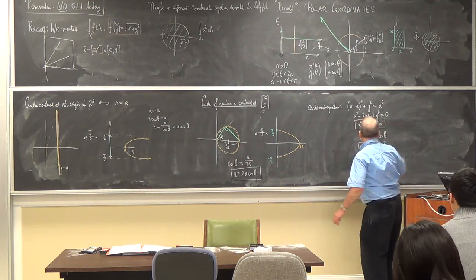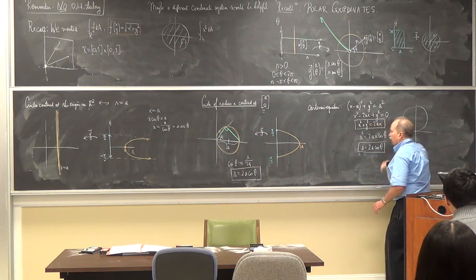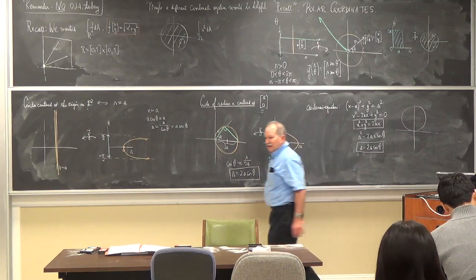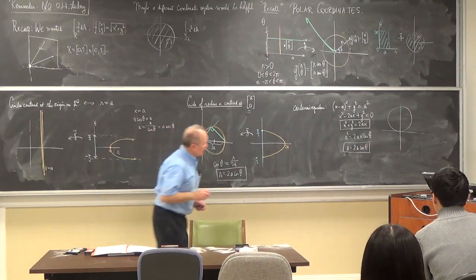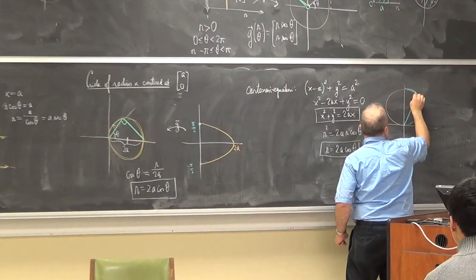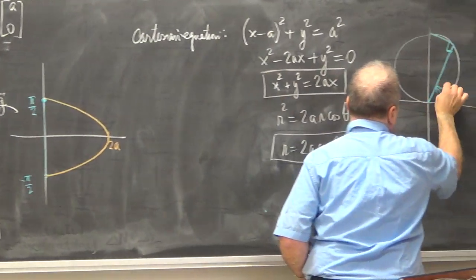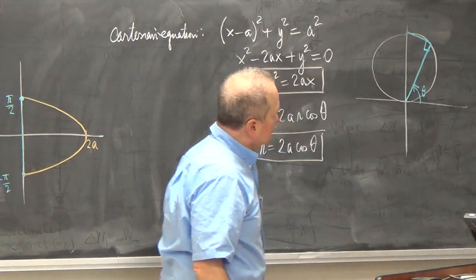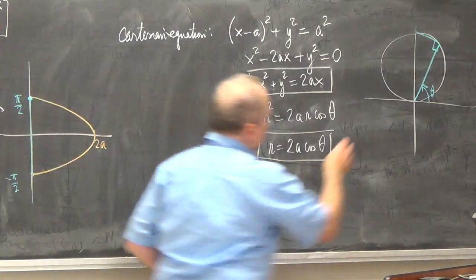What would happen if I put the circle on top of the x-axis? It's going to switch to sine theta. And you can see it from the same picture. But what's different now is this is theta, which means this is theta.